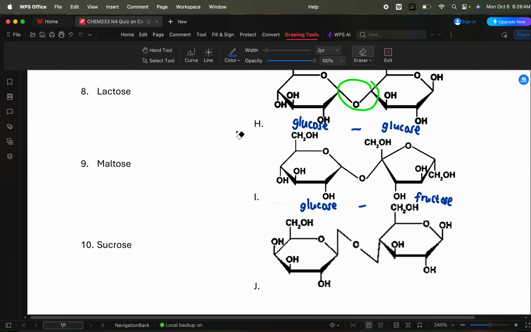So the one at the right is glucose, and that implies that this one here is galactose because of this OH here. This is in reference to the previous one. So the one at the right is glucose, and this one is galactose.